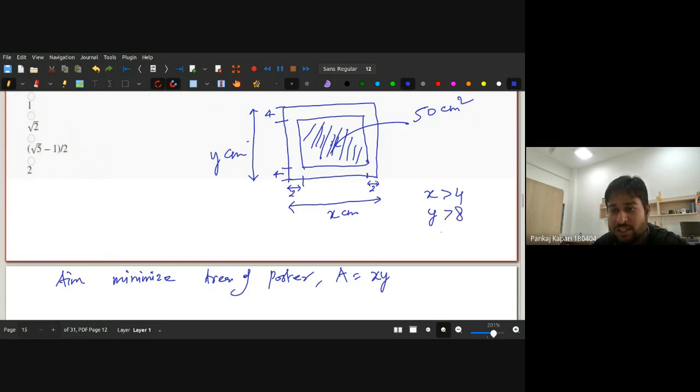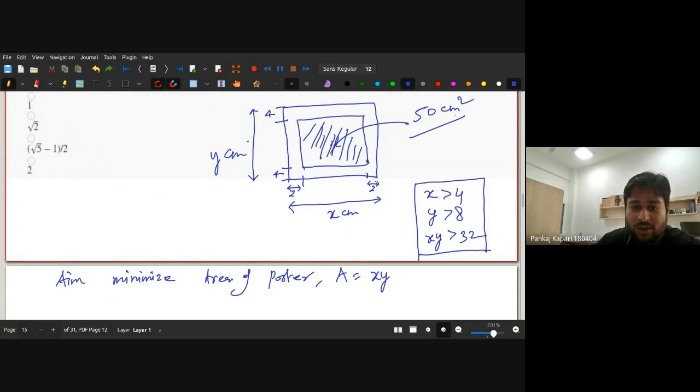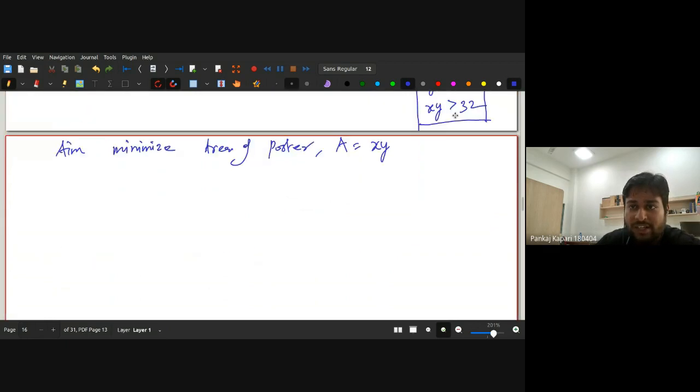So we also have this condition, that means xy, the area, has to be at least 32. But obviously 32 will not be the minimum, because if so, x must be 4 and y must be 8, and there is no printing area then. But we also have the constraint that the printing area should be 50 centimeters square. So let's use that constraint.